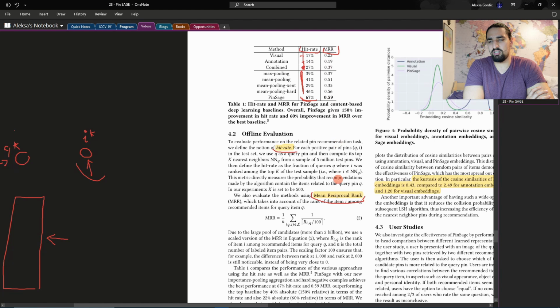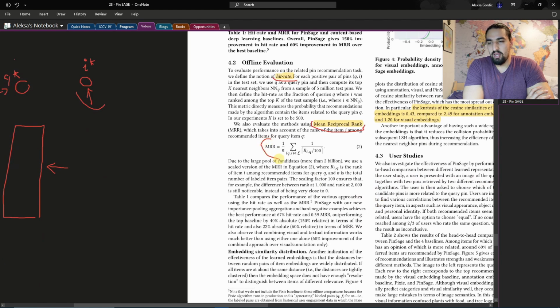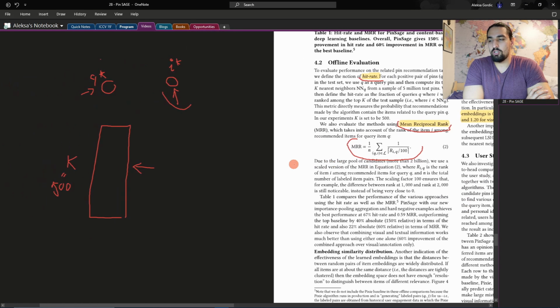The second metric is the mean reciprocal rank, and you can see the formula here, and let me just make some sense out of it. It's super similar to hit rate, except that we are interested in where exactly this ground truth pin i appeared. Let's assume that among the recommended pins we did have this pin i, and it was at location maybe 256.